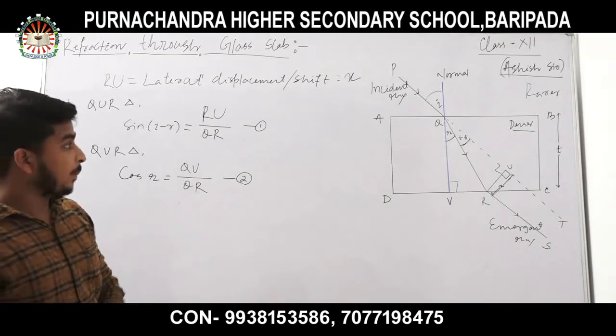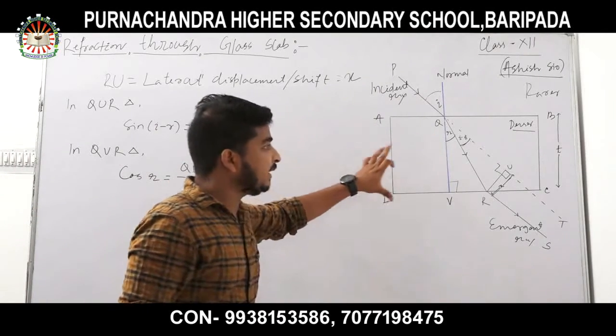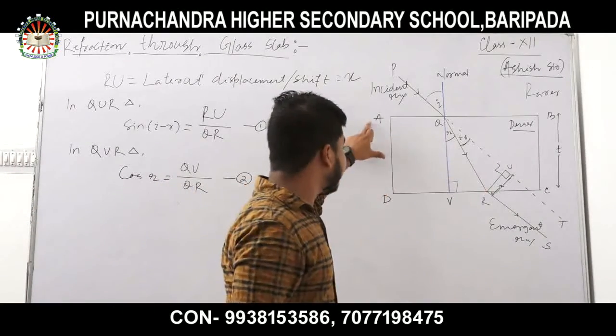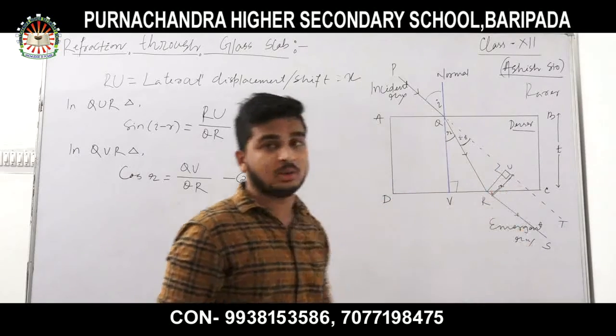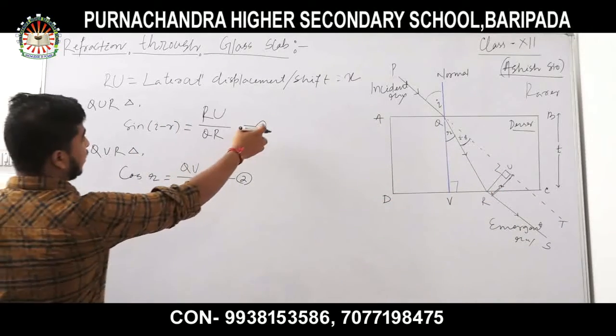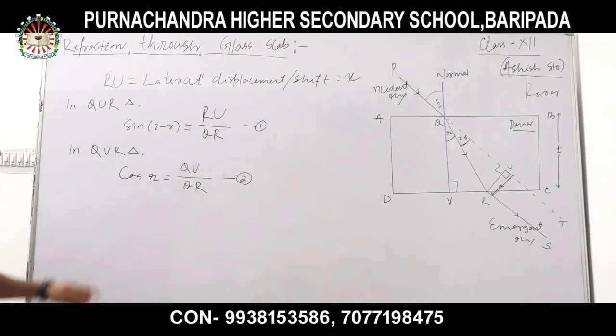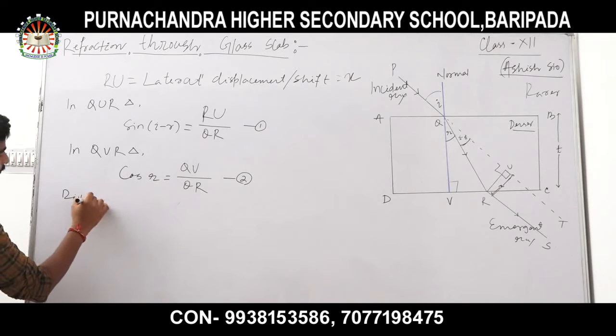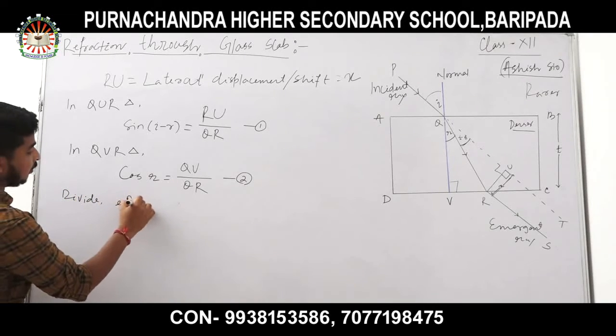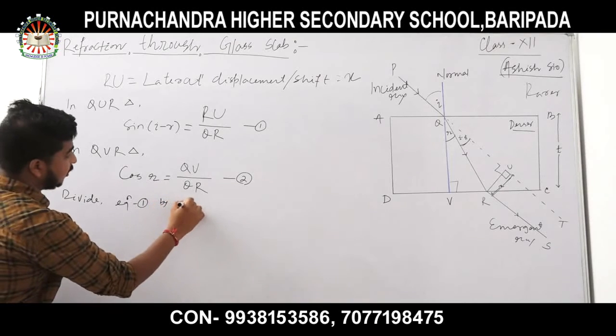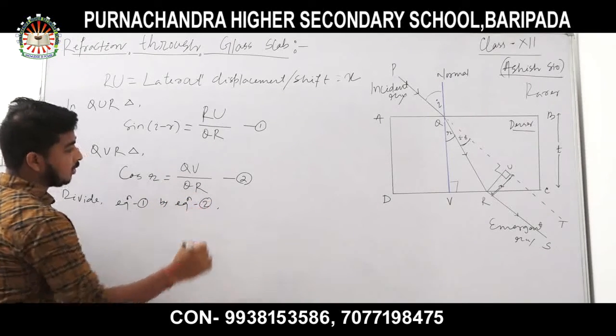Suppose the glass slab has thickness t. That means AD or BC is equal to t. So now equation 1, this is equation 2. Now I want to divide equation 1 by equation 2. So what will we get?